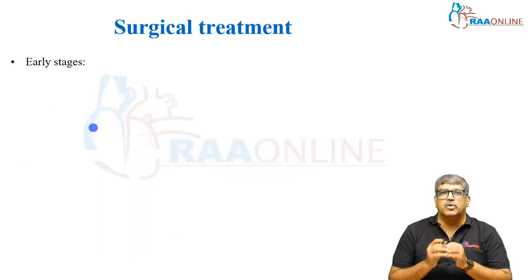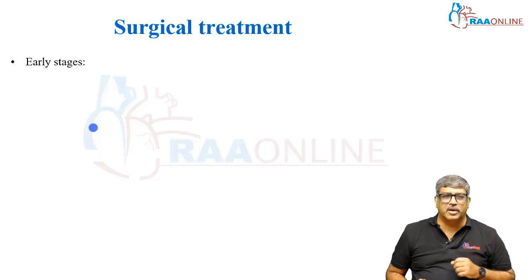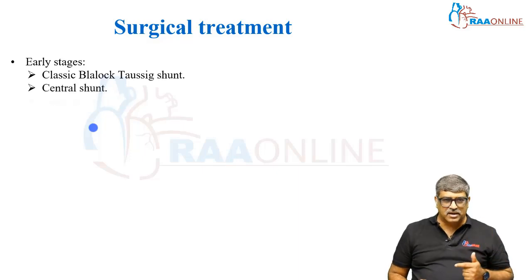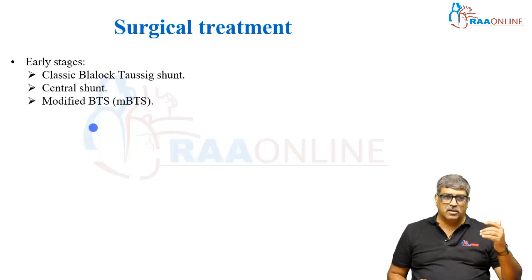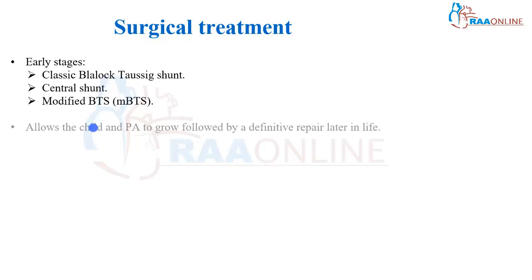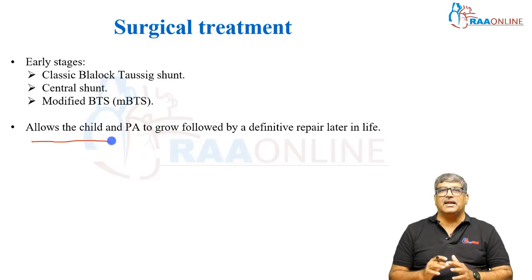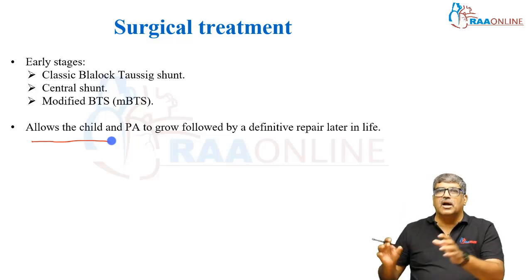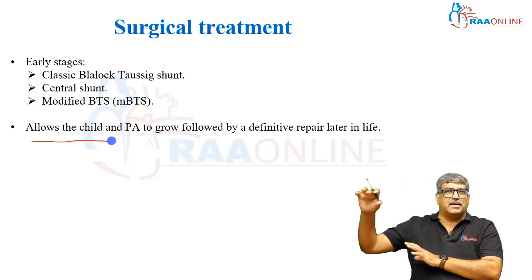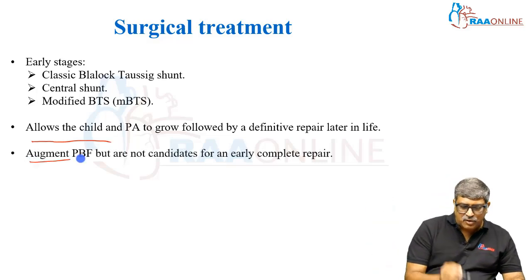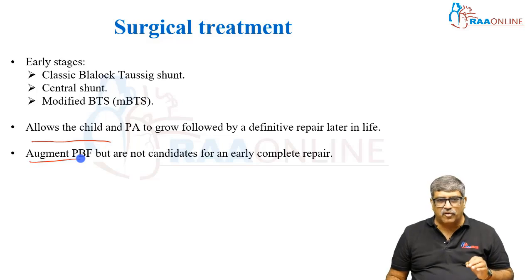So, what you do in early stages, in the newborn period, is you can do a shunt. The shunt can be a classic Blalock-Taussig shunt, a central shunt or a modified Blalock-Taussig shunt. As you do the shunt, you allow the child as well as the pulmonary artery to grow, and you do an intracardiac repair at a later stage. By doing a shunt, you augment the pulmonary blood flow.